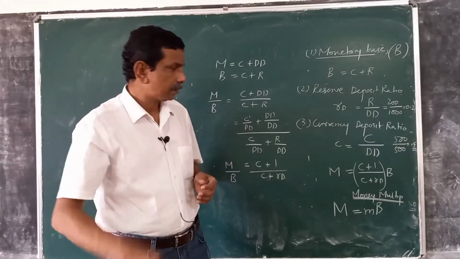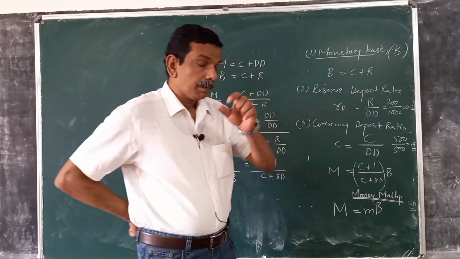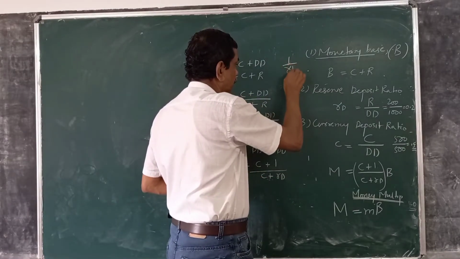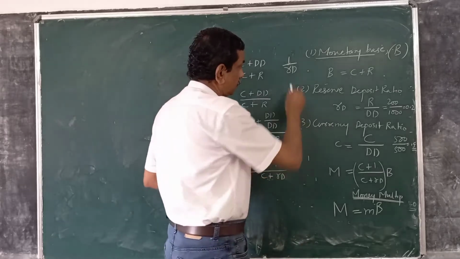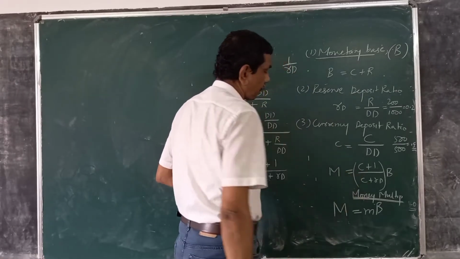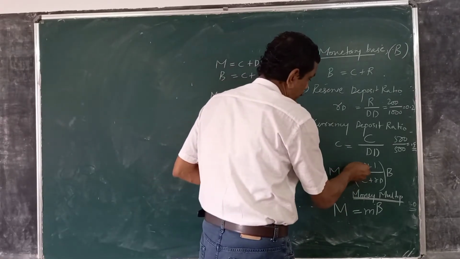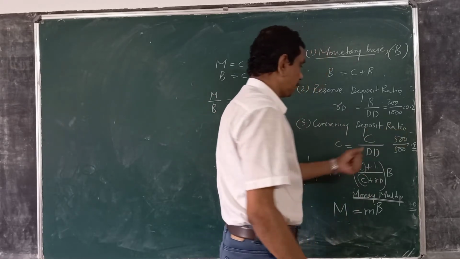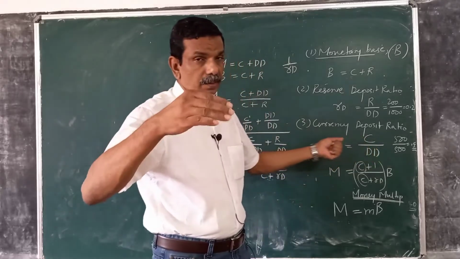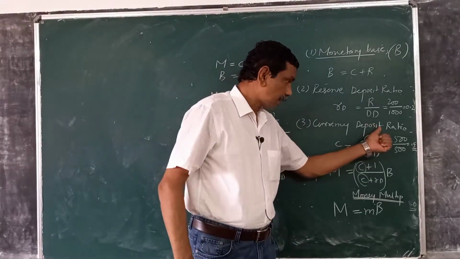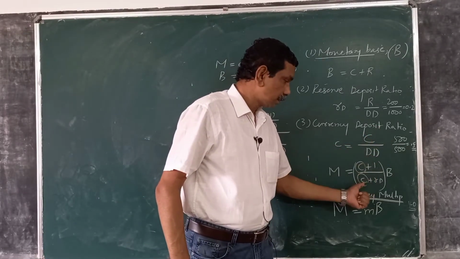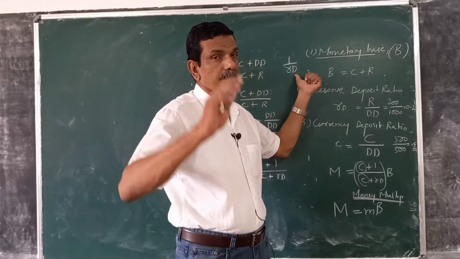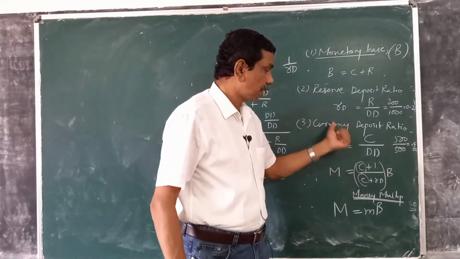And remember this, the deposit expansion multiplier was 1/RD. What is the difference between this and this? The difference is C. If we assume that the currency deposit ratio is 0, that means the public will not keep money in the form of currency, then the money multiplier becomes the deposit expansion multiplier, 1/RD.